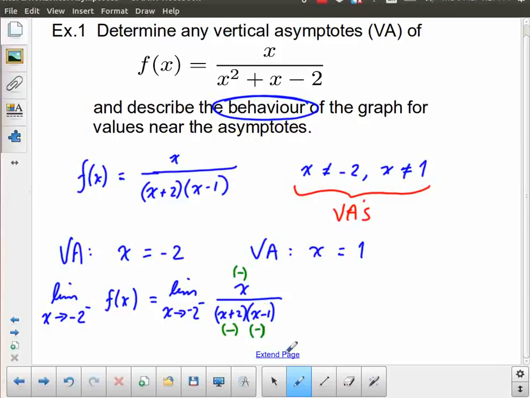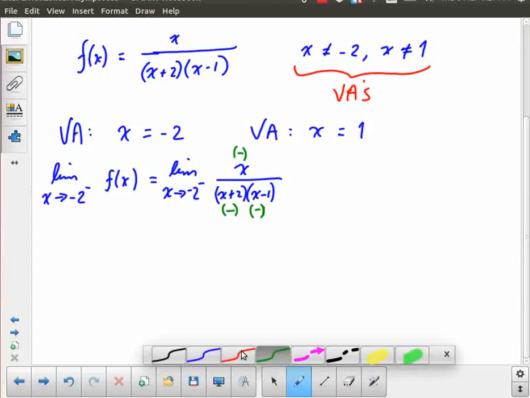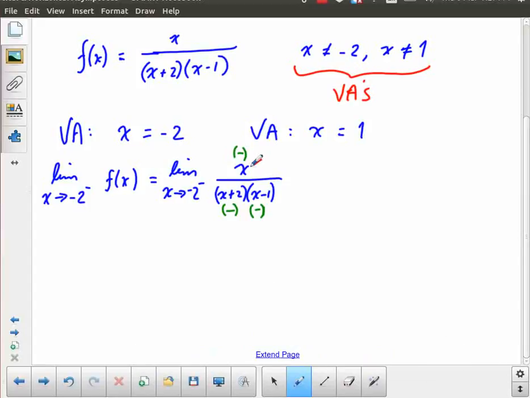So that's the first thing we need to appreciate about this. The second thing we need to appreciate is that the numerator is going to be essentially negative 2, and this number is going to be negative 2 minus 1, which is negative 3.